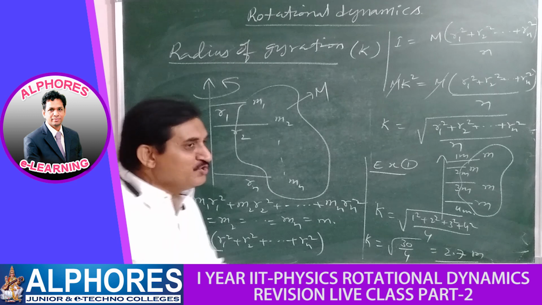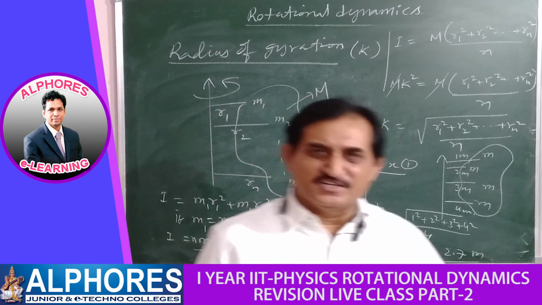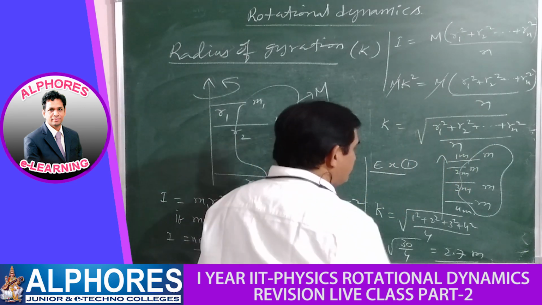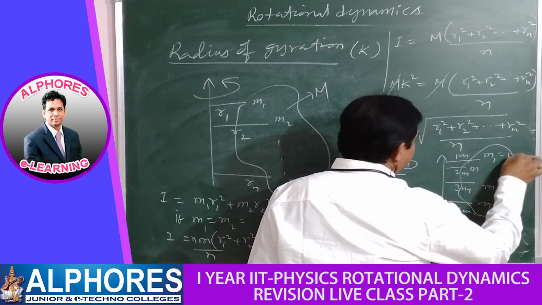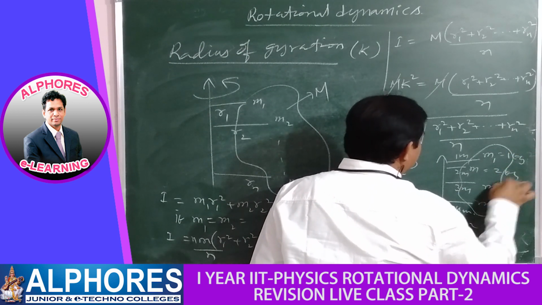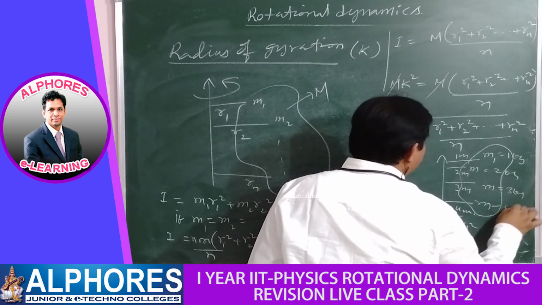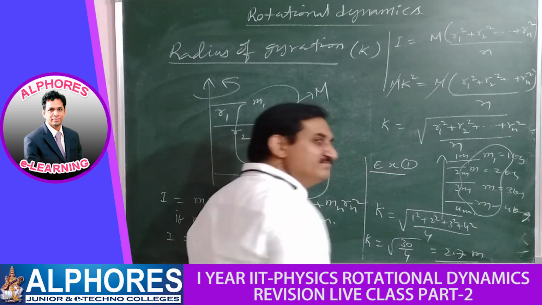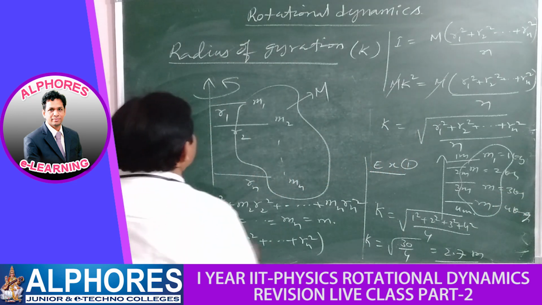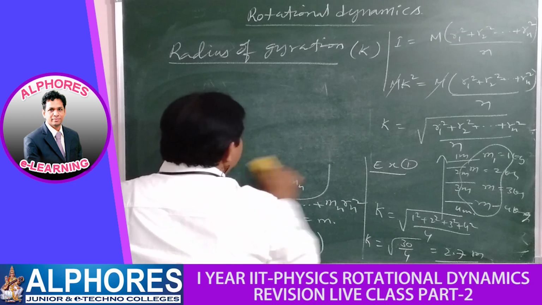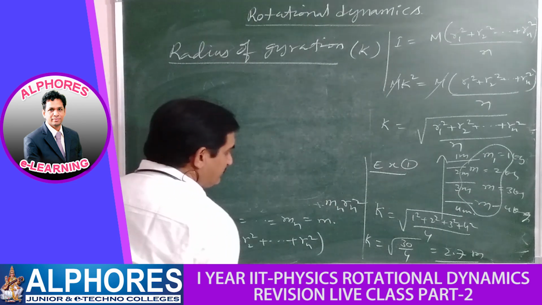Suppose they are not identical in mass, suppose the masses are 1 kg, 2 kg, 3 kg and 4 kg, for example. Then how do you find the radius of gyration?